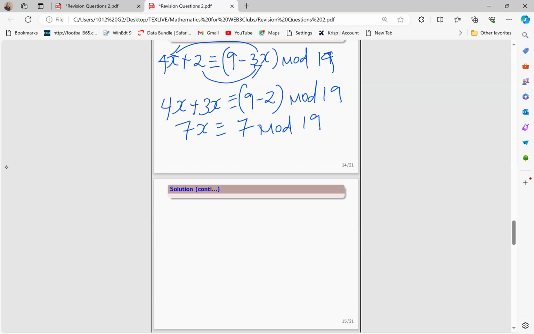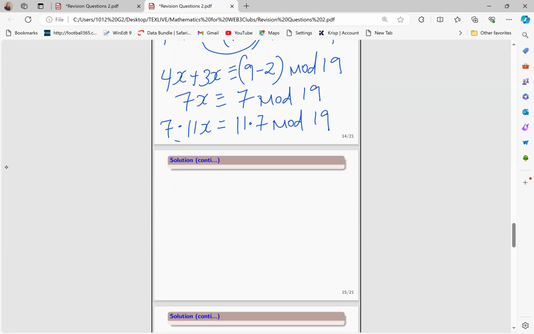We found the inverse of 7 to be 11. So 7 times 11 is the same as 11 times 7 mod 19. So this is 1. So x is the same as 77 mod 19.